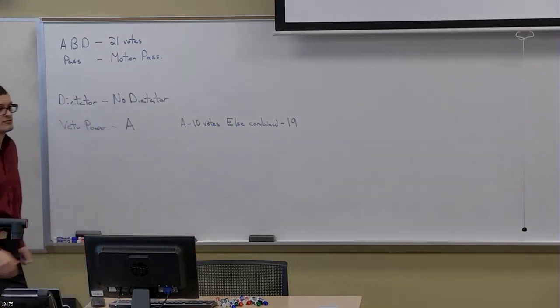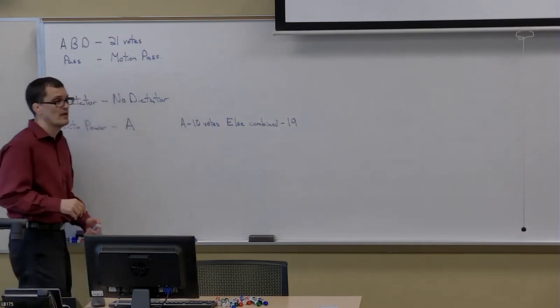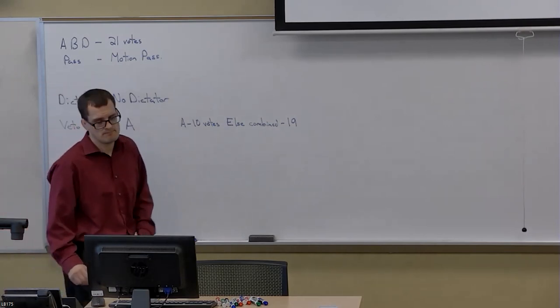We need 20 for our quota, right? So if A votes against, they block. So A is not a dictator, but they do have veto power. Everybody get that?